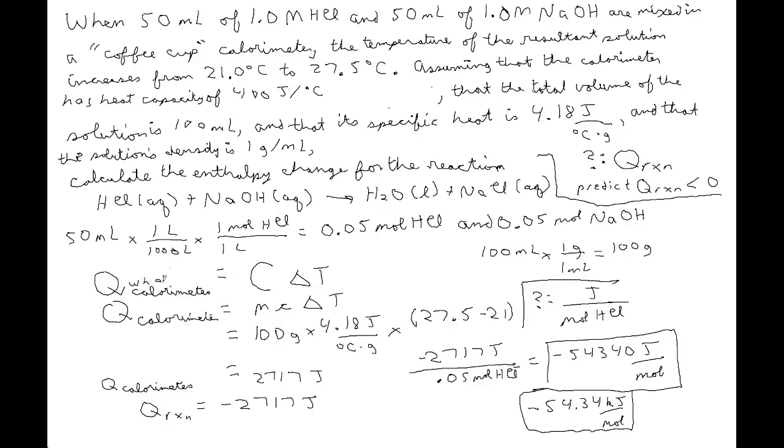So now, how would you find the Q for the whole calorimeter? Well, now it's going to be one portion from the heat that's absorbed by the solution, and another term for the heat that comes from the solid portions. Now we have two different components that are absorbing the heat.